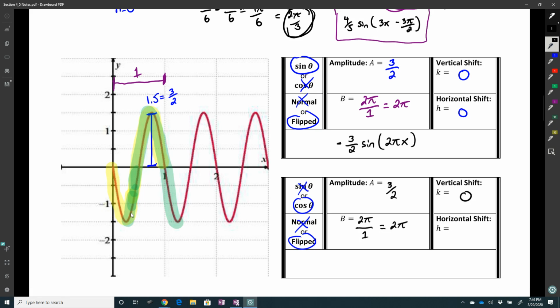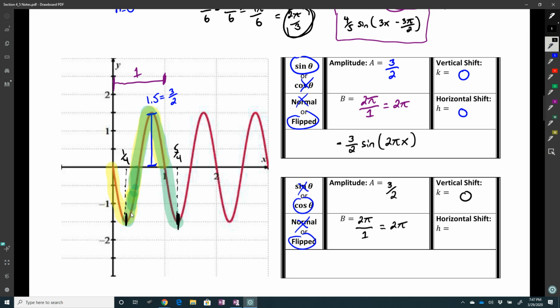The horizontal shift is what changes. I have to figure out what this is because that's what the shift is. And so since this is 1, this is just a quarter of the rotation, or a quarter of the shape. So this starts at 1/4, and this would be a fourth past 1, which is 5/4.